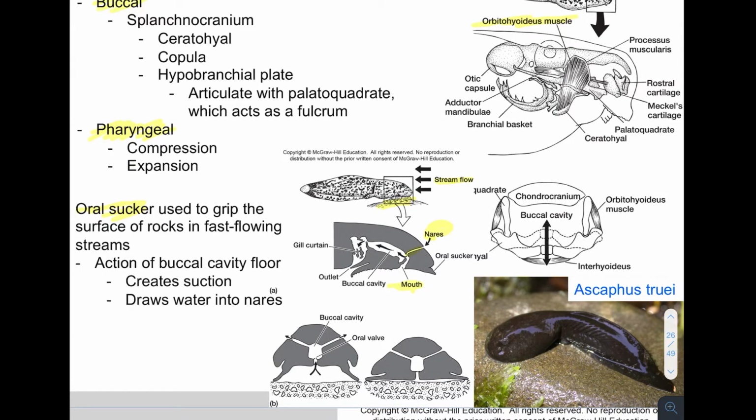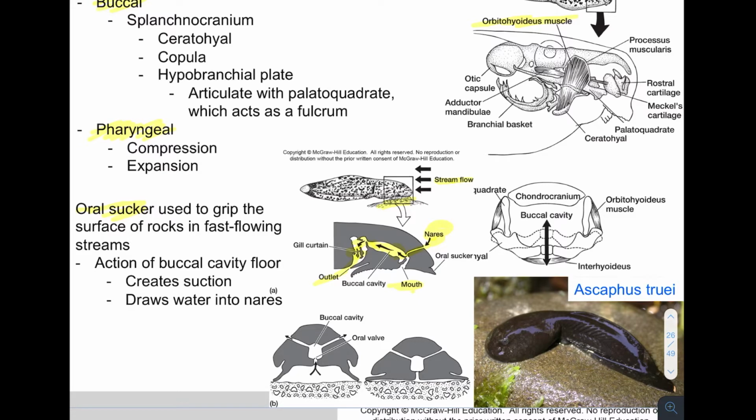That nares is available for water to flow through it, go into the buccal cavity, and then behind that buccal cavity is going to be the internal gill curtain, and water can flow through that gill curtain, similarly to how we saw with fish, and out through the outlet in a unidirectional mechanism.